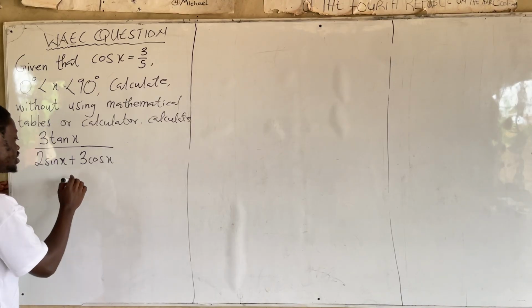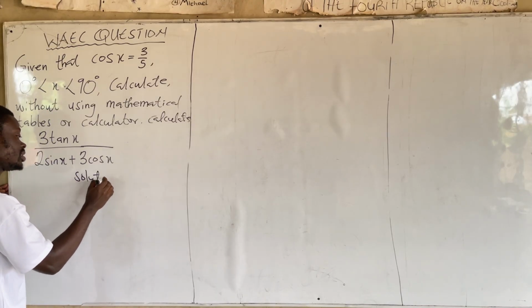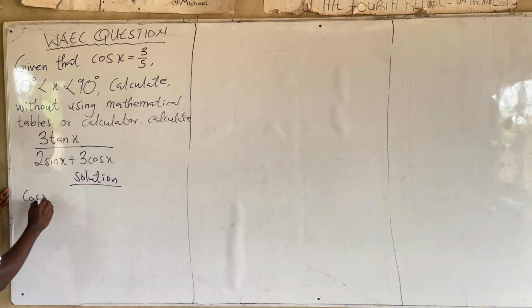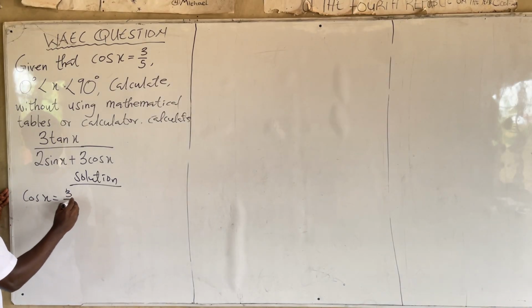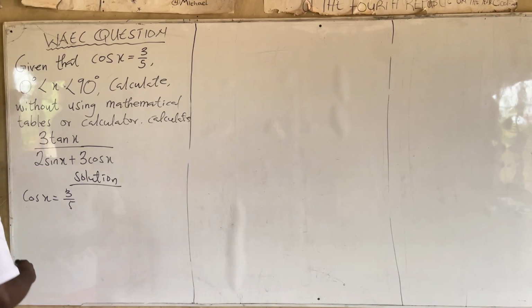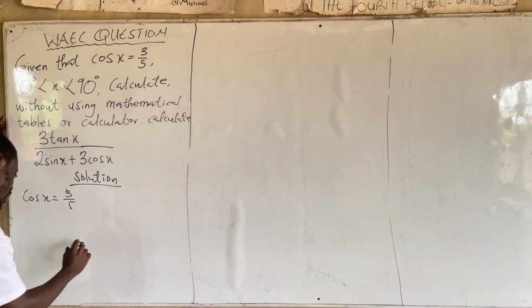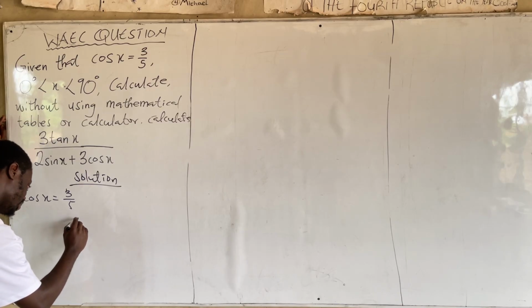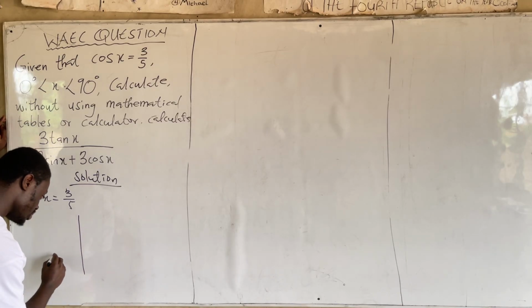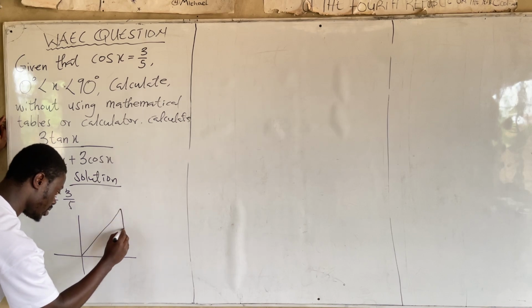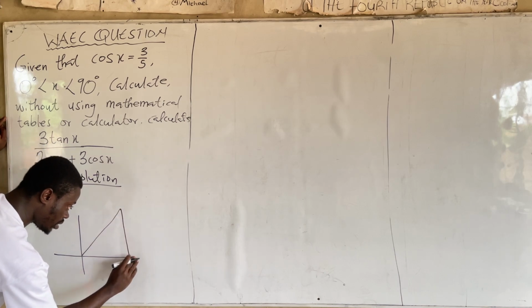Okay, so solution. From the question, cos x equals 3 out of 5. So let's find tan x and sin x. We can sketch a triangle.